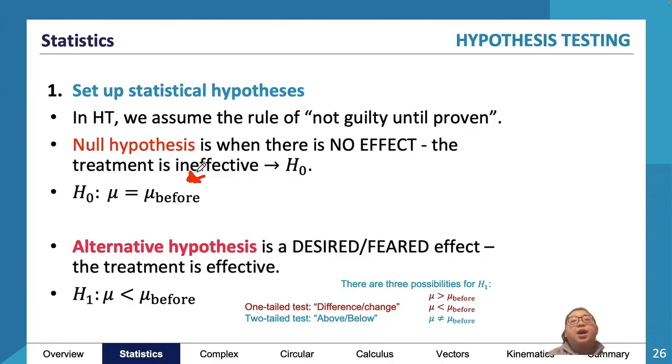So there's three different possibilities. It can be bigger, smaller than, or not equal to. And if it's just not equal to, this is the two-tail test, or above or below. So I want you all to have a bit of a think about which one has a higher likelihood of believing the null hypothesis.